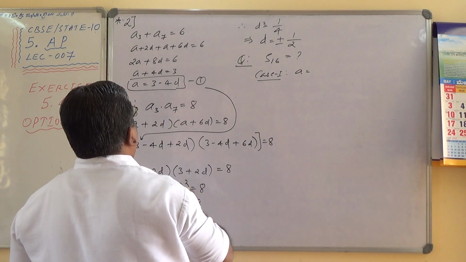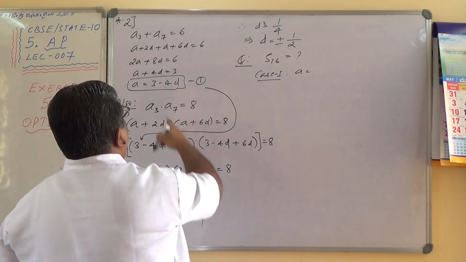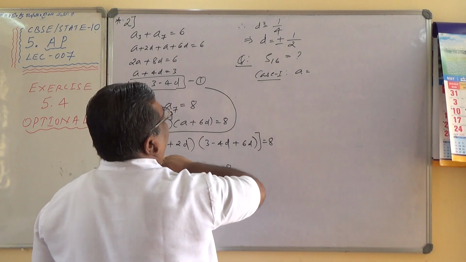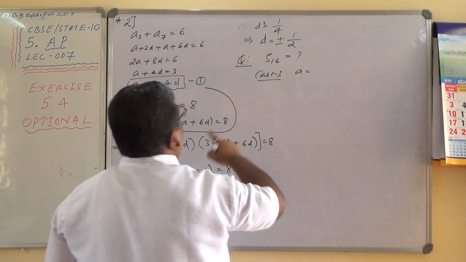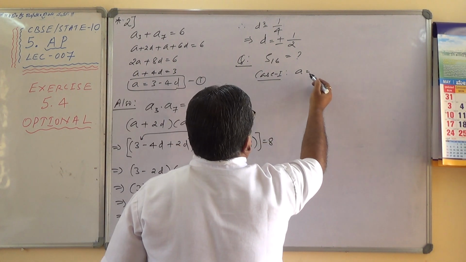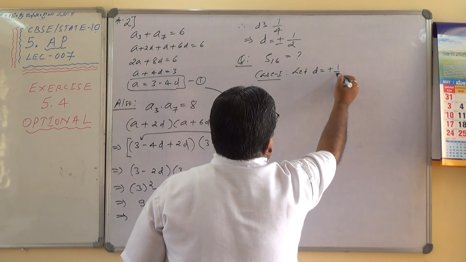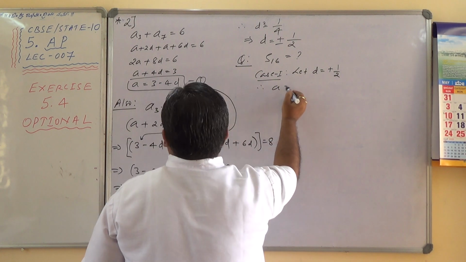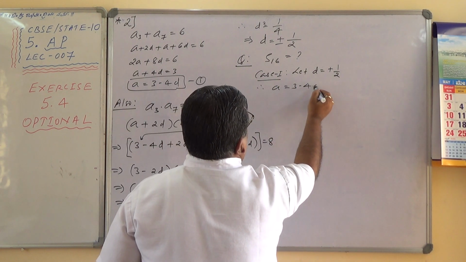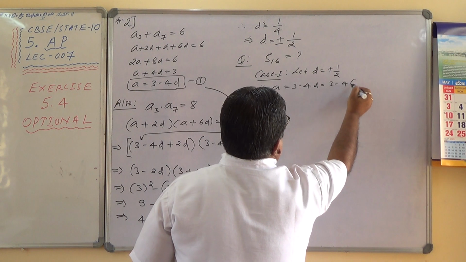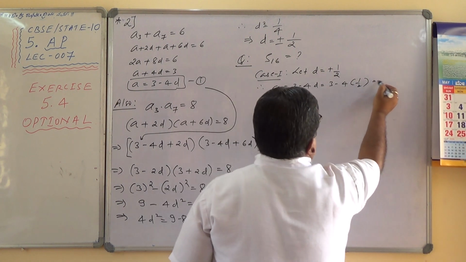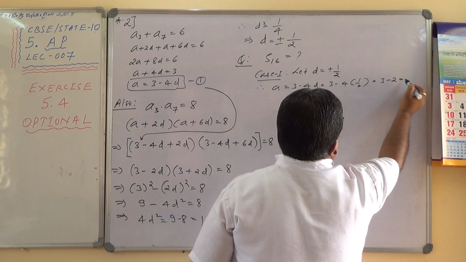Therefore case 1, A equals 3 minus 4D. We'll substitute here. Case 1: let D equals plus half. Therefore A equals 3 minus 4D, 3 minus 4 times half, 3 minus 2, which is 1.